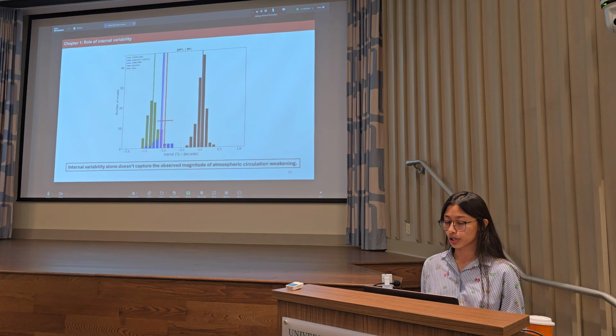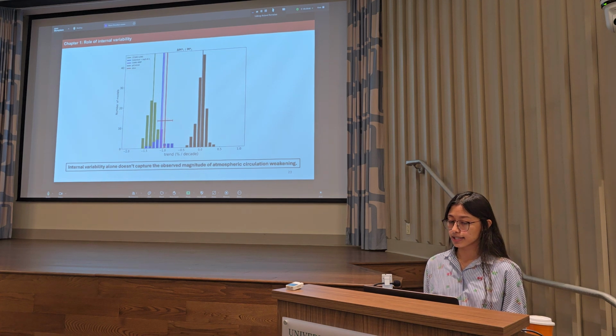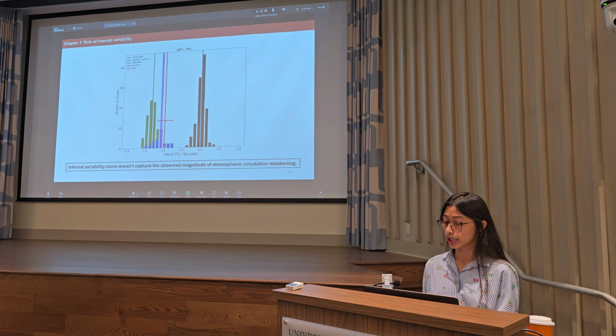Also to be noted in this plot is this difference in the observed weakening and the CESM2 large ensemble mean weakening represented by the green line.